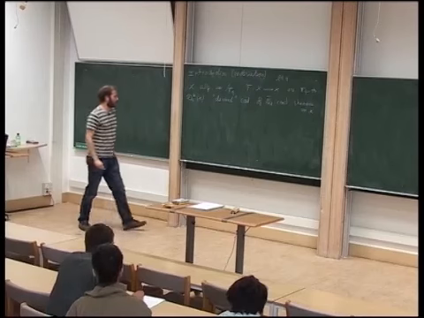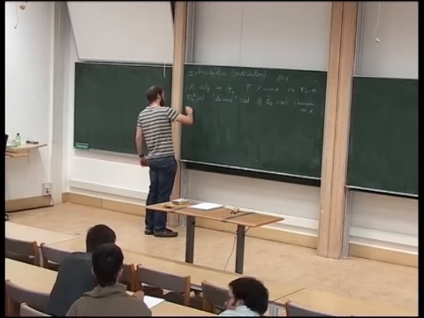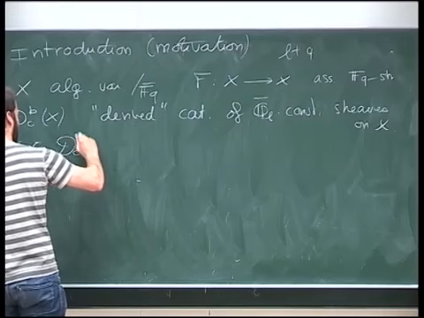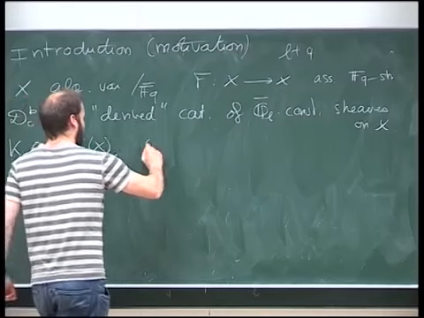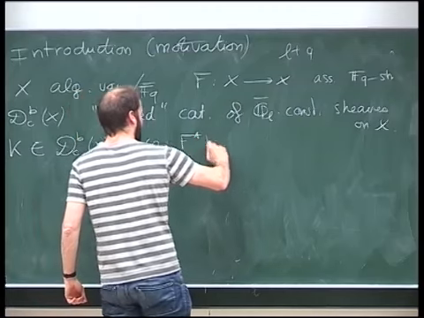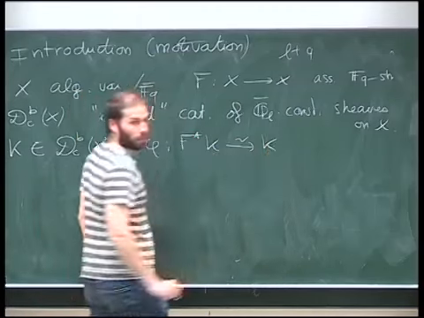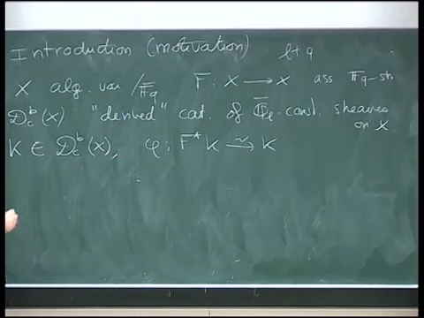So then for a complex K in this derived category with an isomorphism phi between the pullback of K and K, then we define a function, the characteristic function of K, phi.